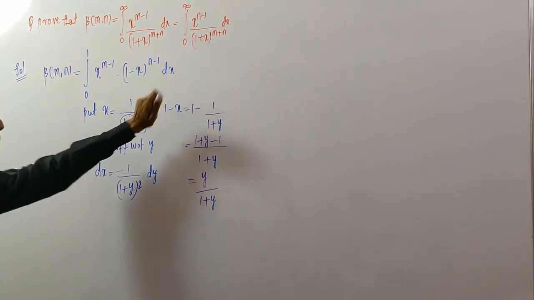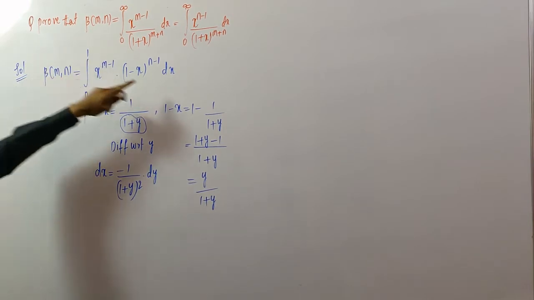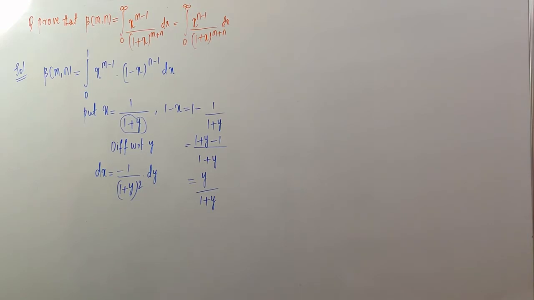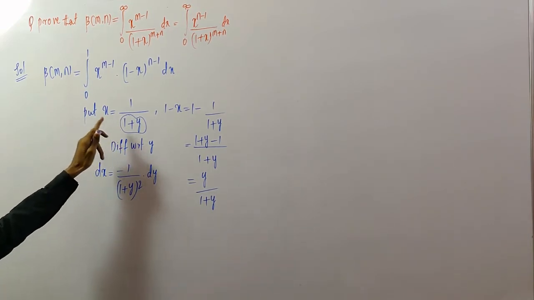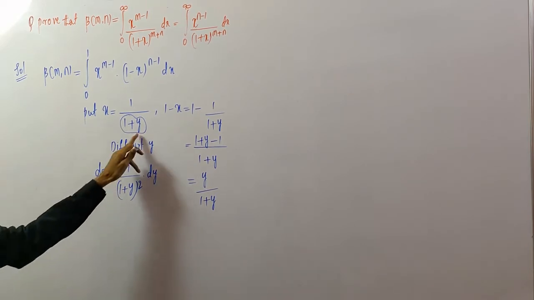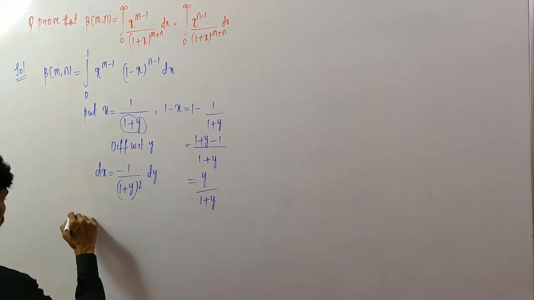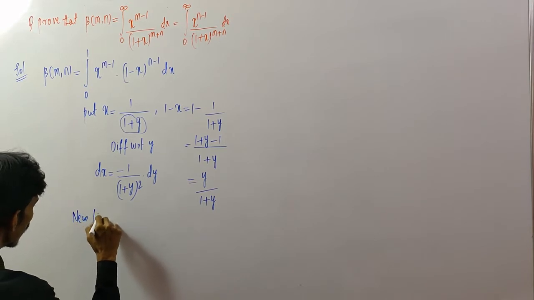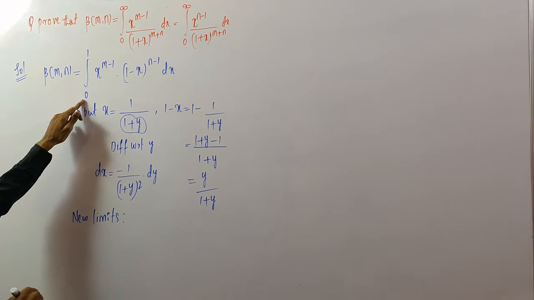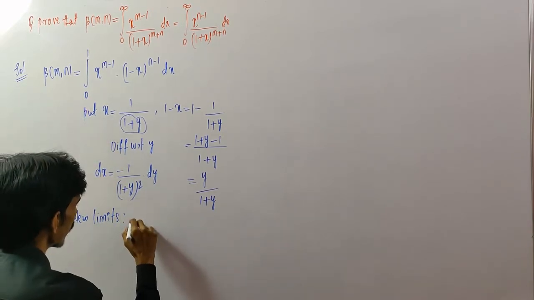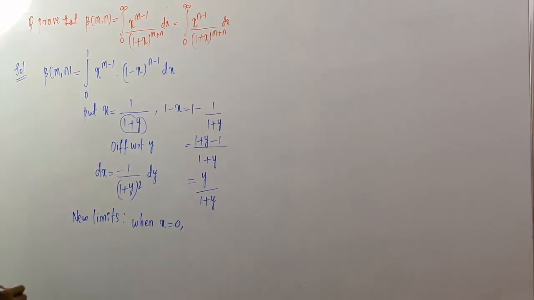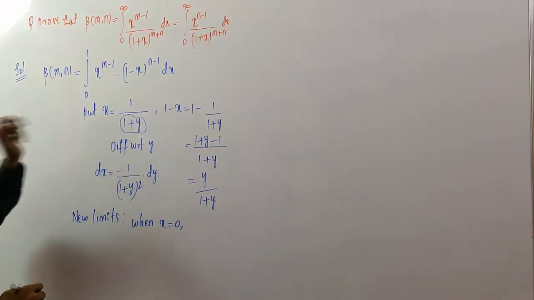Now we have limits for x, 0 to 1. We made the substitution x equal to 1 by 1 plus y, so new limits are required for this variable y. Here we have the lower limit of x. When the x value is 0, substitute x as 0 here.